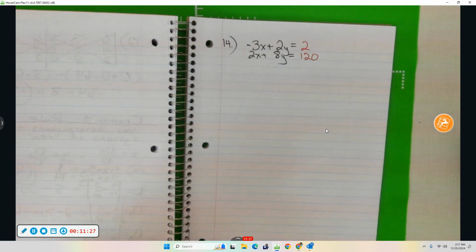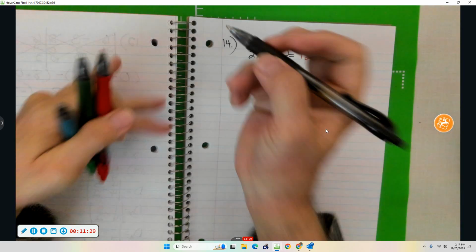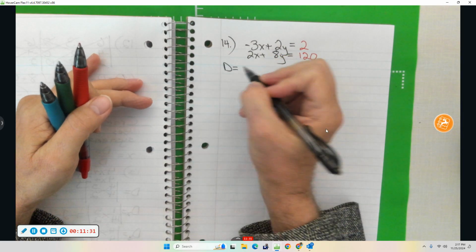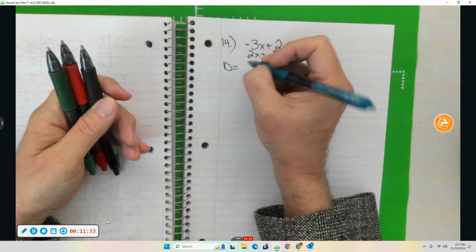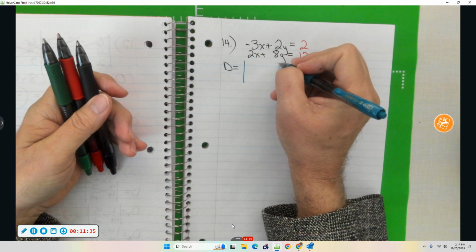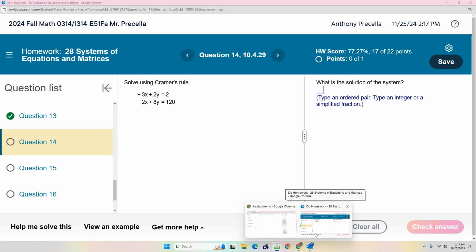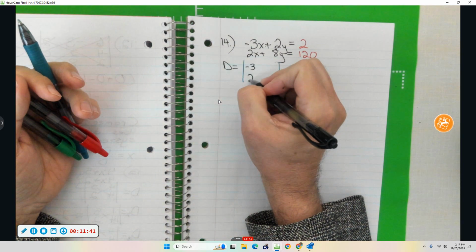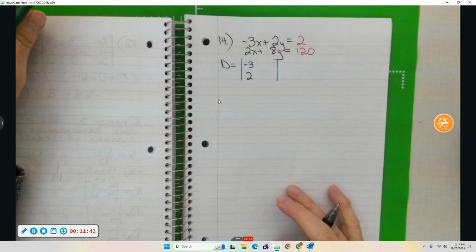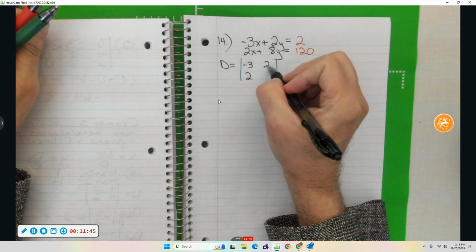So, first thing, the determinant of the coefficient matrix. The coefficients for x are negative 3 and 2. The coefficients for y are 2 and 8.